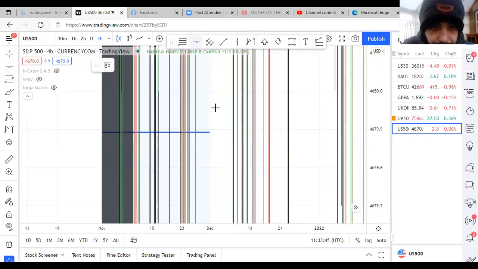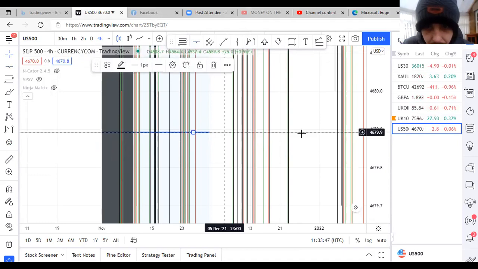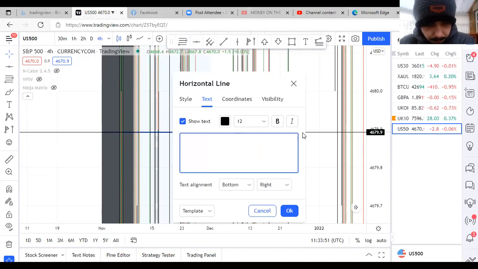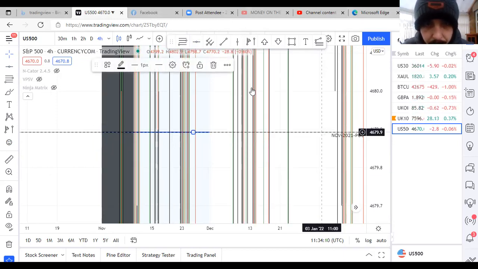Same again. Nice line. We are November 2021 POC. Okay.